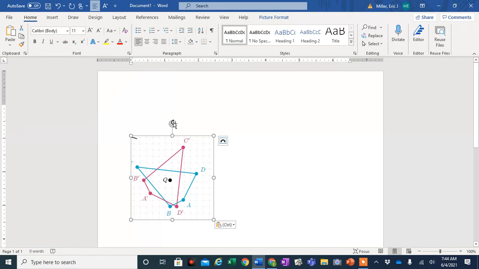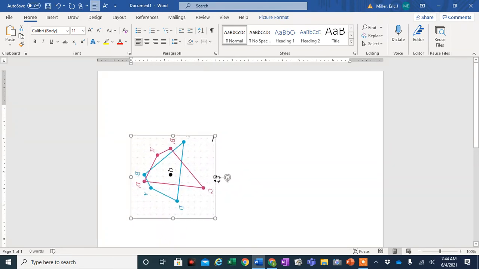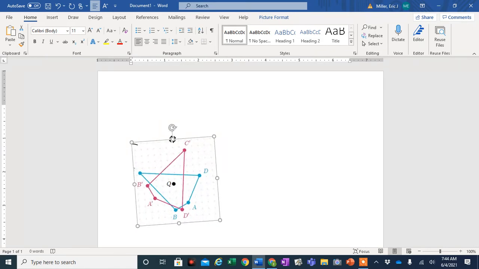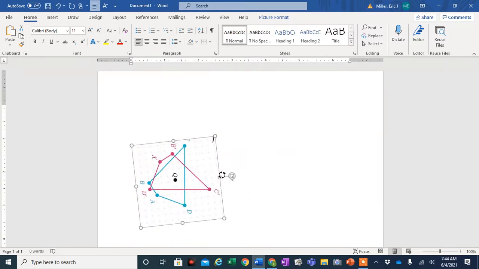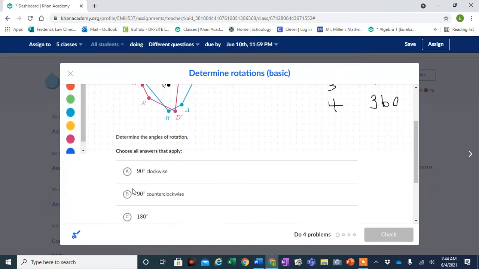So if I were to take this and turn it one time, 90, did I get the same thing? So I'm looking at the blue. So does the blue shape become like the purple shape? And it does. So that means that 90 degrees clockwise would work.